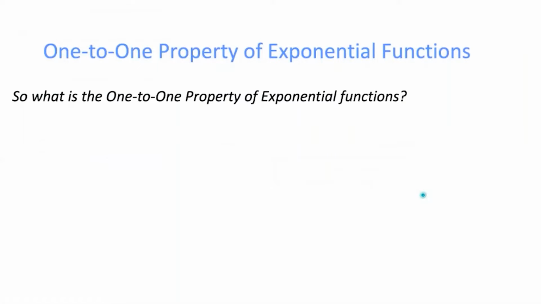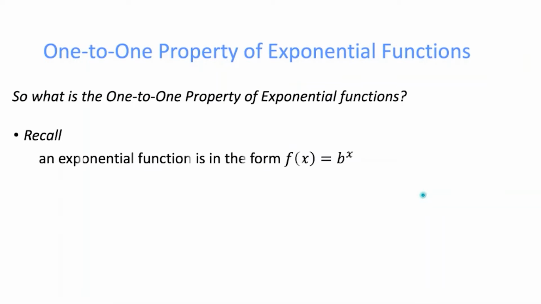Now, what is the one-to-one property of exponential functions? You will recall that an exponential function is in the form f of x equals b to the x. And notice our exponent here is a variable.